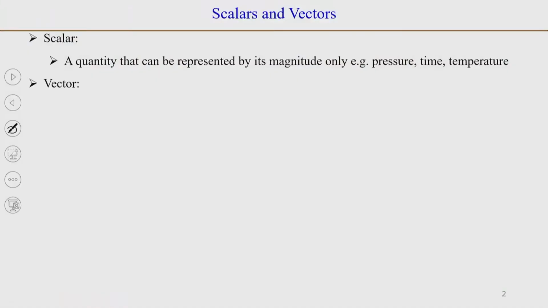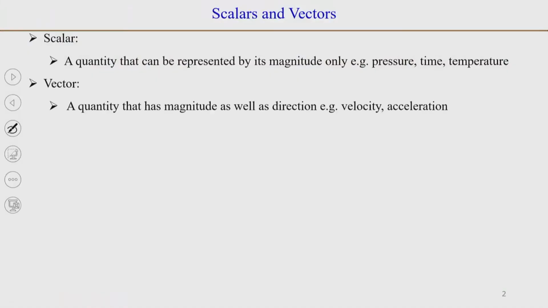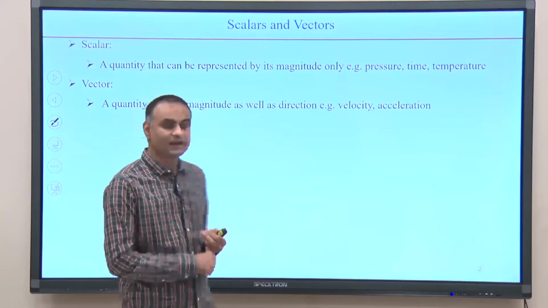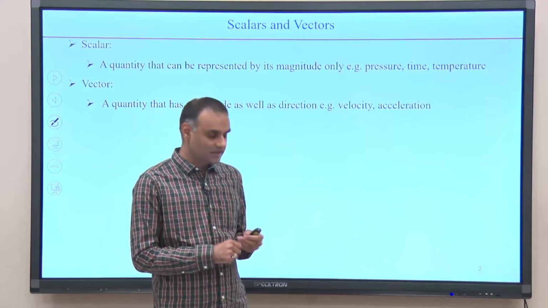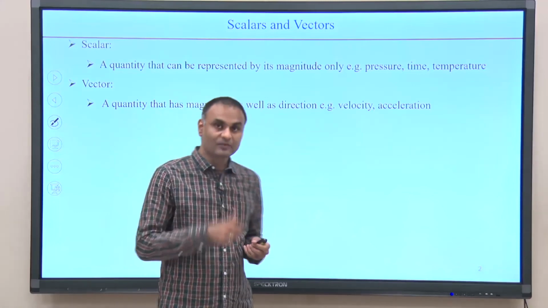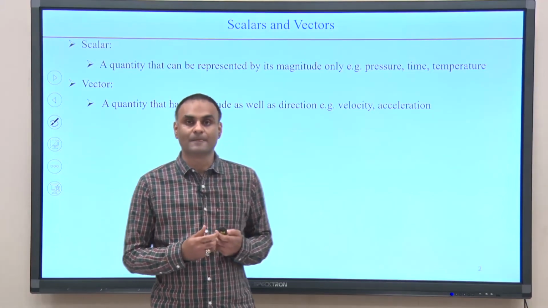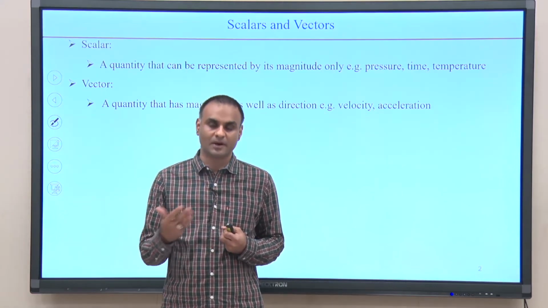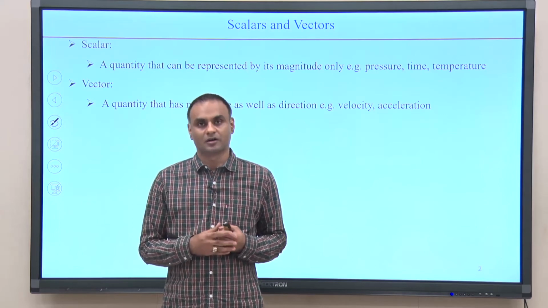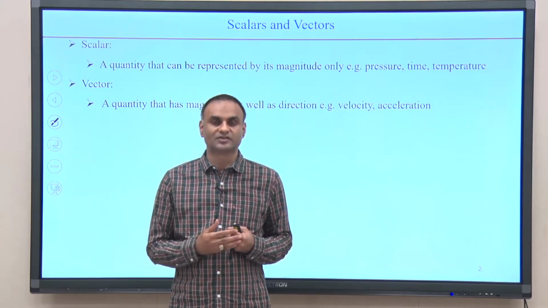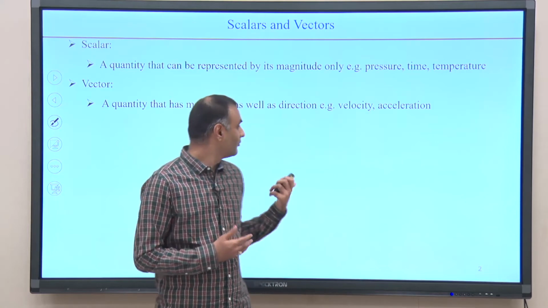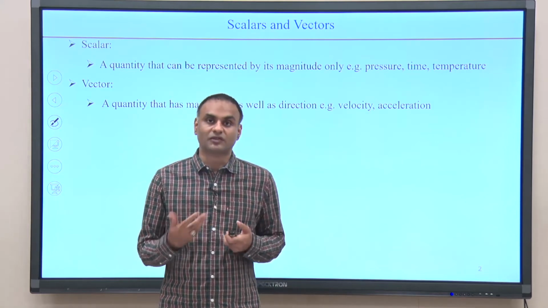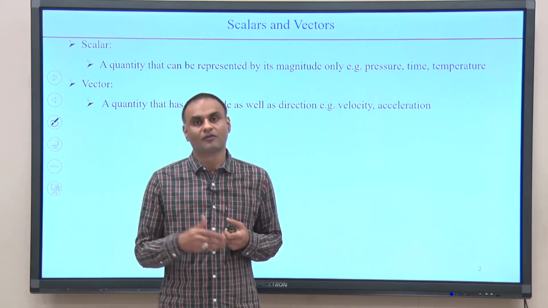Now, coming to vector. So, of course, vector is a quantity that has magnitude as well as direction. Some of the common examples for vectors are displacement in a particular direction, or the derivative of displacement, velocity, and derivative of velocity, acceleration, force.